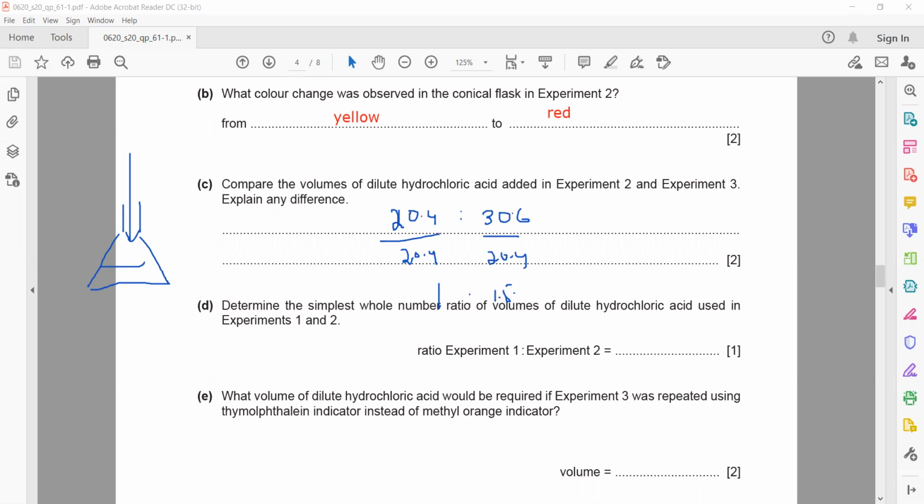And 1:1.5 is the same as 2:3 because I multiply by the same factor. And the reason is F is more concentrated.